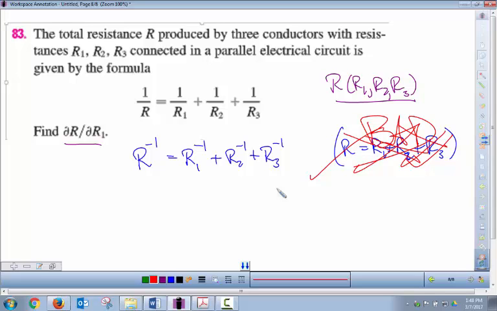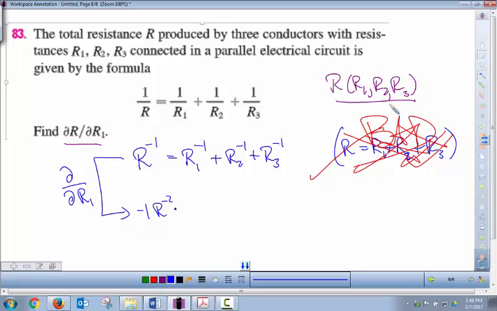All right. I want to take the derivative with respect to r1, so I don't want a straight d, I want a partial d. So I'm going to treat r1 as my x, the variable. r2 and r3 are constants in this scenario. So the derivative of the left-hand side is negative 1, R to the negative 2.